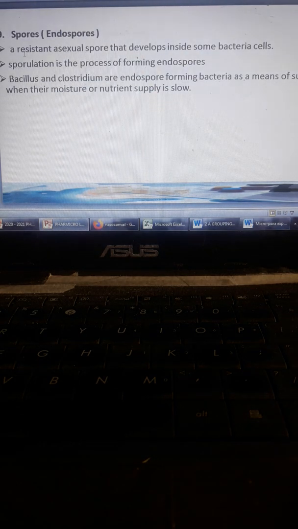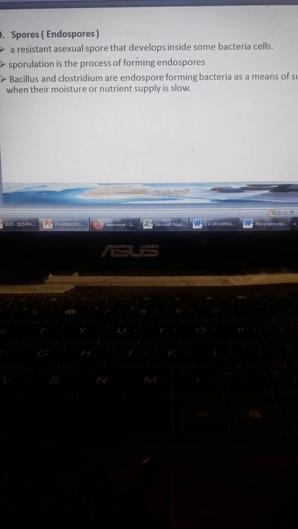And then we have the spores, resistant asexual spores that develop inside the bacterial cells. Sporulation is the process of forming endospores. Bacillus anthracis and Clostridium tetani are endospore-forming bacteria. Spores are a means of survival when moisture or nutrient supply is low.